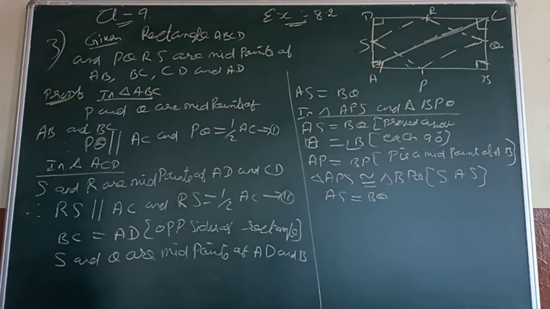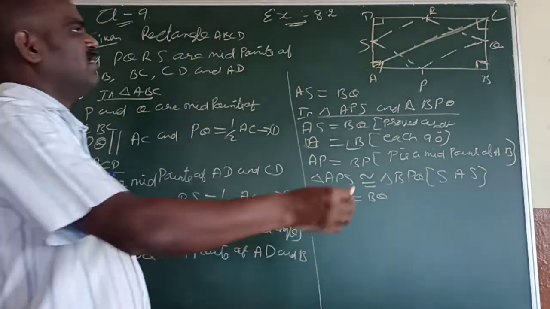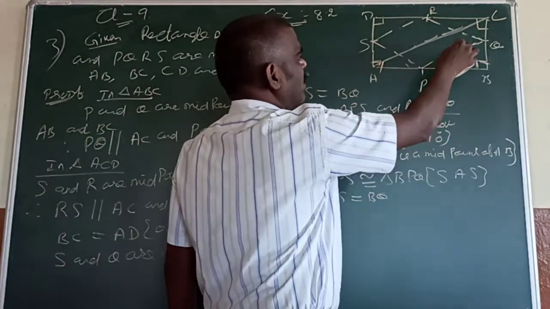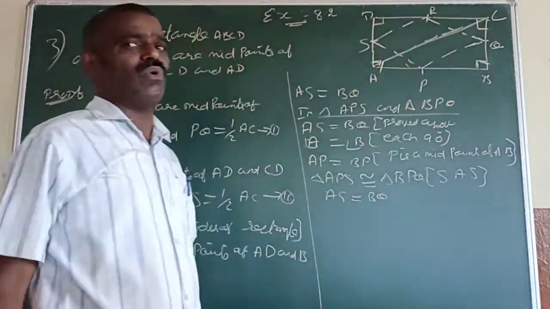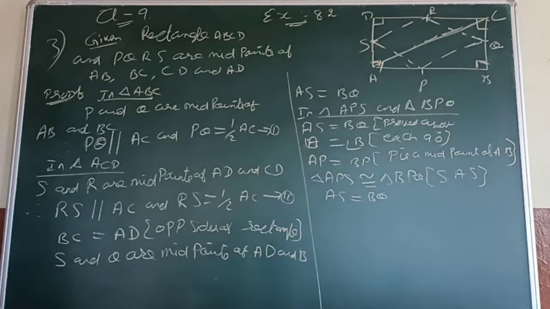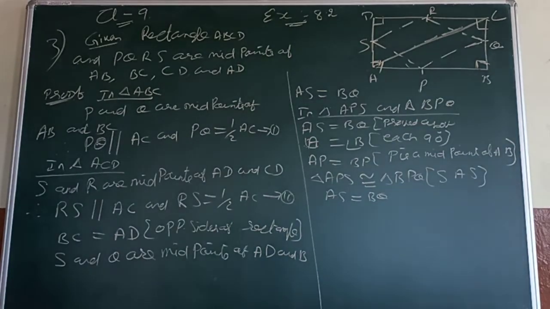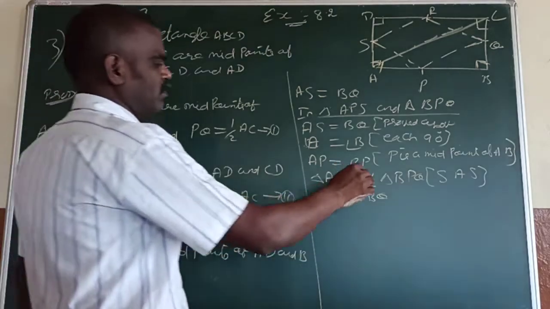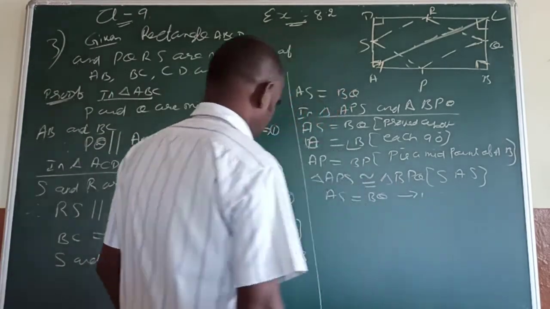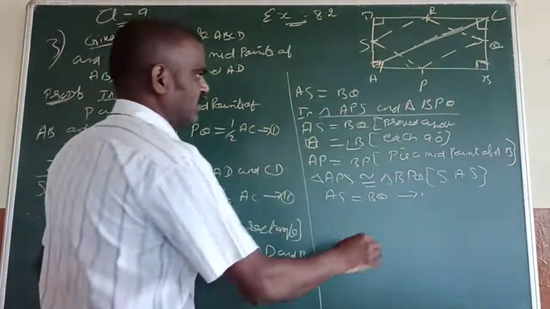Already we have proved that BQ and SR are equal, from 1 and 2. This is 3.